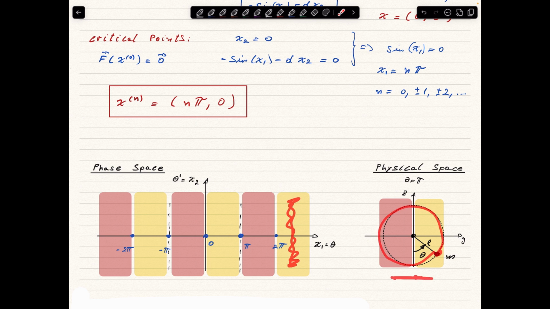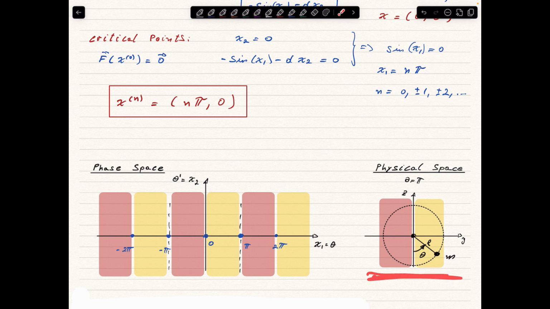In the phase space, we have no way to distinguish with only this picture if we are here, or if we are here, or 2 pi more over there, or 2 pi more over there, or if we arrive to this position by going in the opposite direction, so here. And the same if we are in this region, we could be here or a multiple of 2 pi or a multiple of 2 pi.